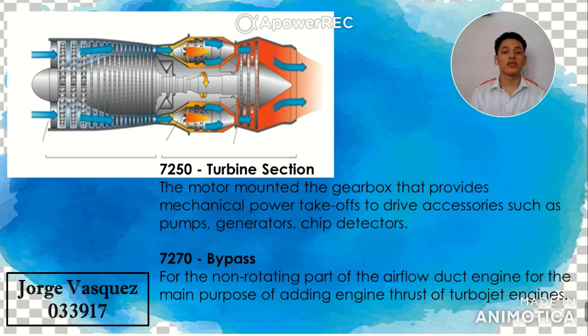That is the system components and parts that provide lubrication, oil pressure, and circulation throughout the engine. The 72-70, the turbine bypass, the non-rotating part of the airflow duct of the engine, with the main purpose of adding thrust to turbojet engines. And the last one is 72-87, the system cabling.